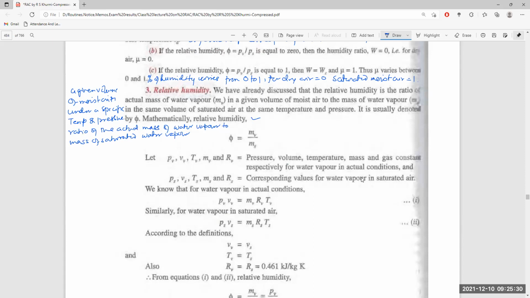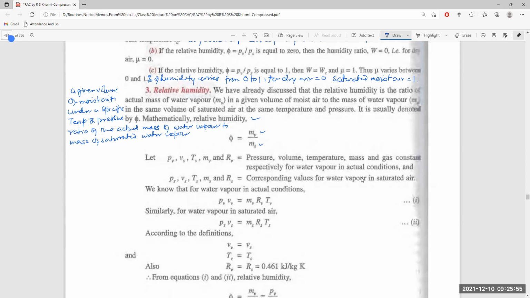This is for a certain known volume of moist air, an air and water vapor mixture, under a specific temperature and specific pressure. So it is the mass of the vapor present and the mass of the saturated vapor if it is present there. Let PV, VV, TV, MV, and RV be the pressure, volume, temperature, mass, and gas constant for water vapor in the actual condition.